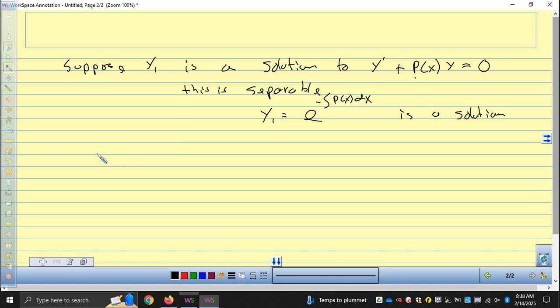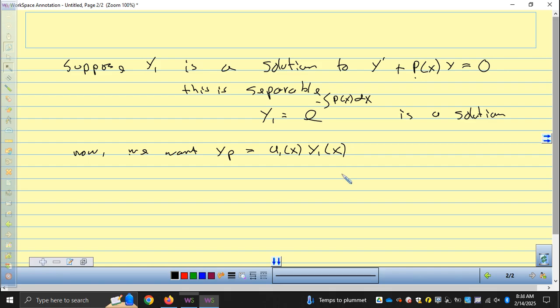Now for this method, we want our particular solution, y sub p, to be some undetermined function, u1 of x, times y1 of x.